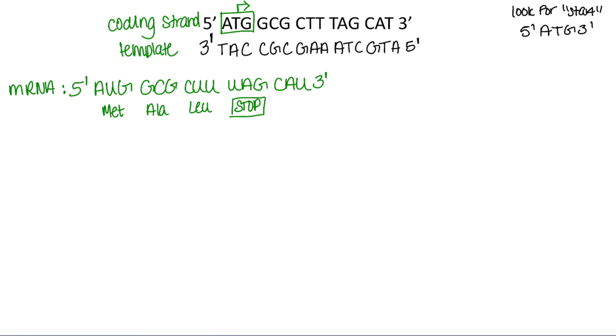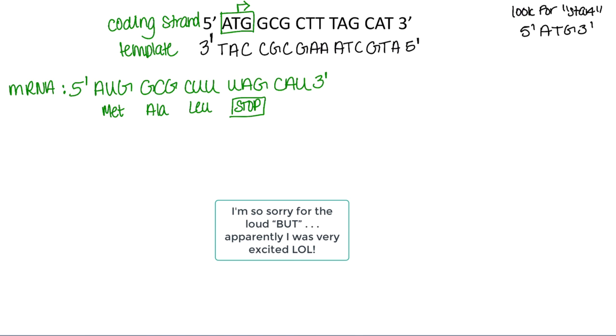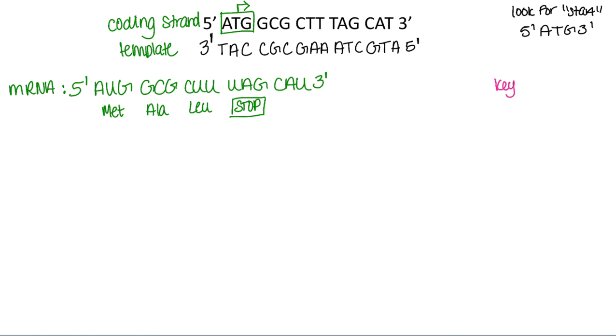That CAU would technically not be translated, so we're going to leave that one alone. All right, so most of you have probably gotten this far on the problem, but there's a key point here. And the reason that I like to give this practice problem is because genes can go in both directions.